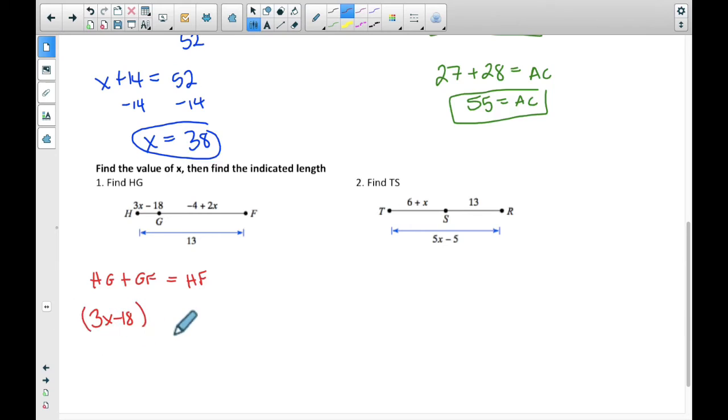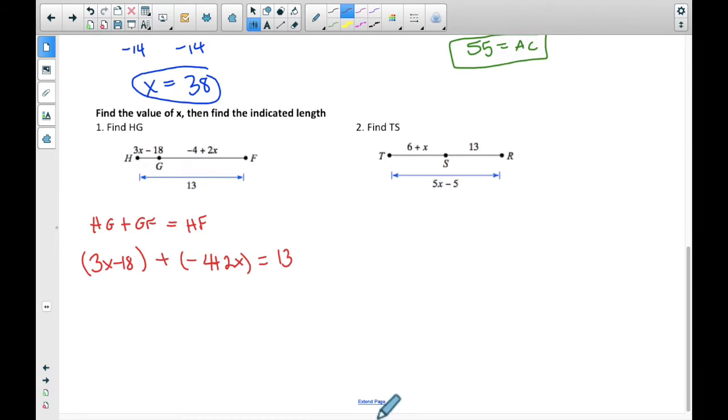I'm going to put that in parentheses just to avoid confusion. GF is negative 4 plus 2x. And again, I'm going to put it in parentheses so that it's all together. It needs to be together. And HF, that one's 13.